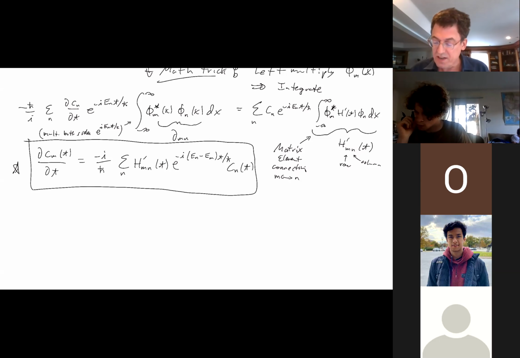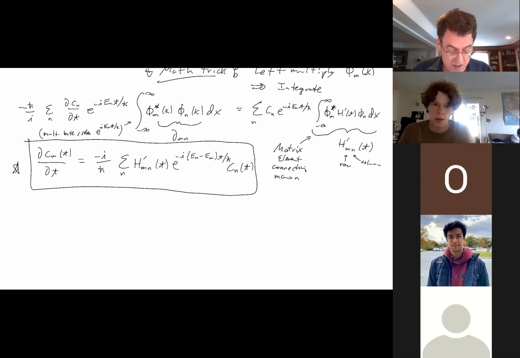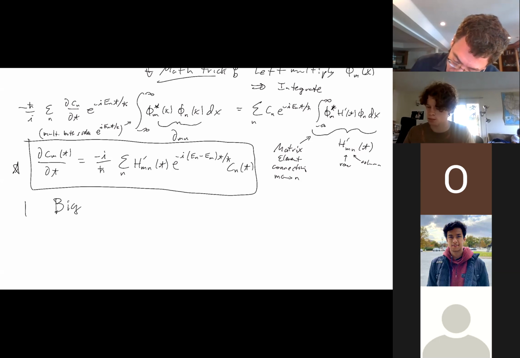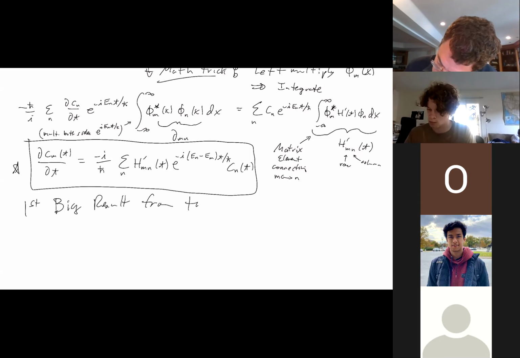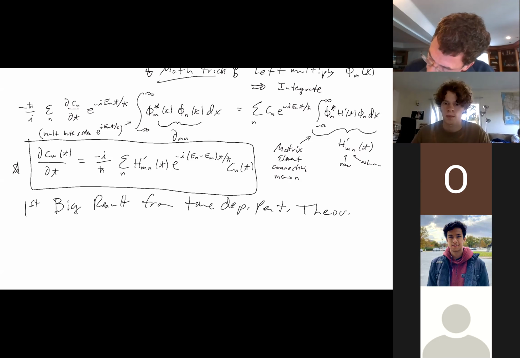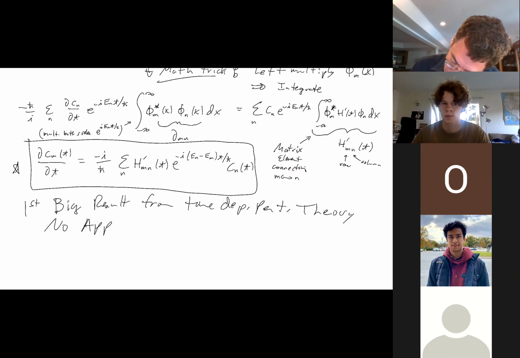So that's how we get this final answer. There's one line of algebra. This is our big result, our first big result from time-dependent perturbation theory. But we haven't really done the approximations yet. No approximations yet.